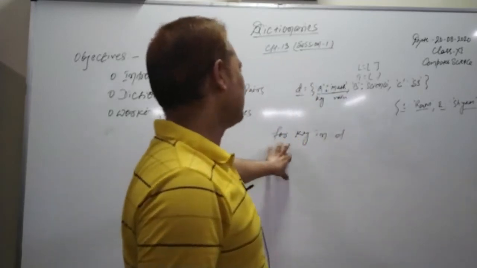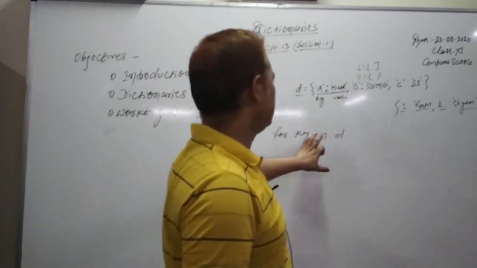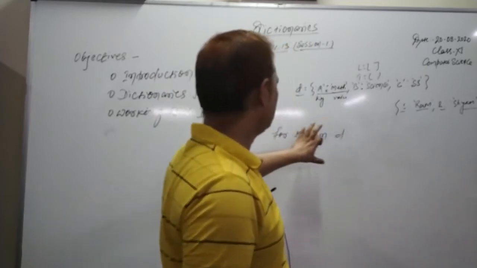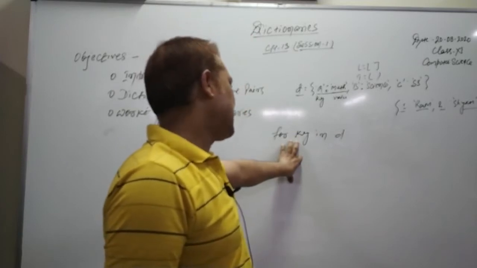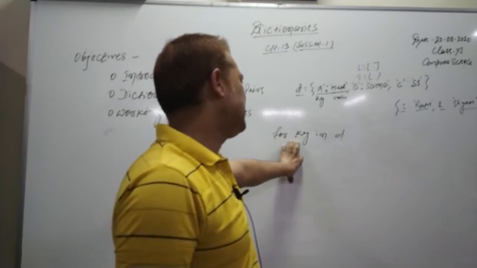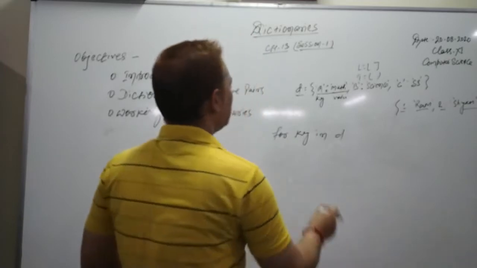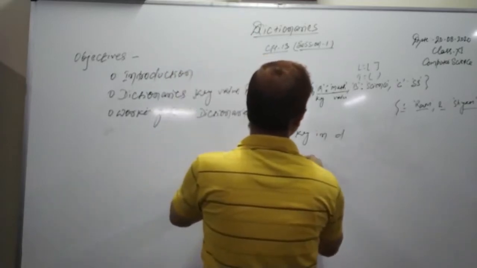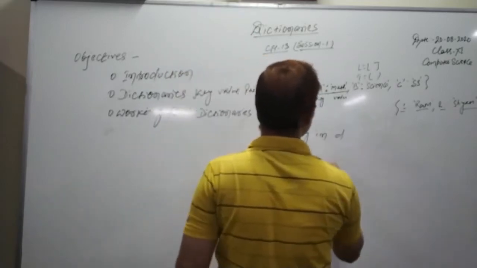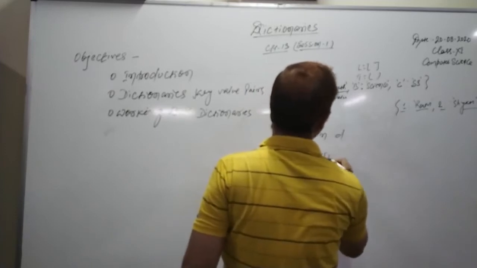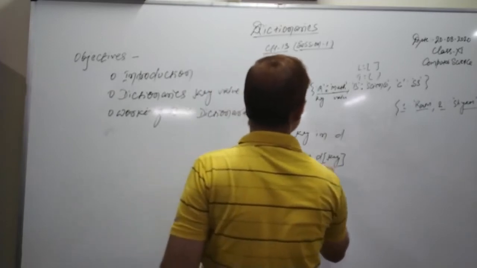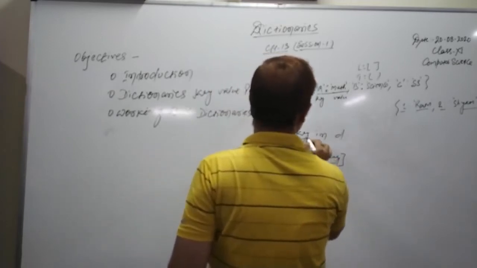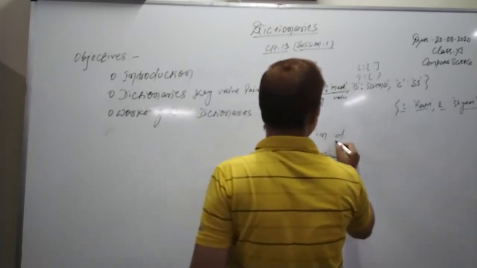Once I say for key in D, it means every key of the dictionary will come to the variable key, and you have to access it. It means you have to say print, then the dictionary name, and in the square bracket you pass the key. Mind it, D is a dictionary and key is a variable I have taken here, and D is my dictionary name.